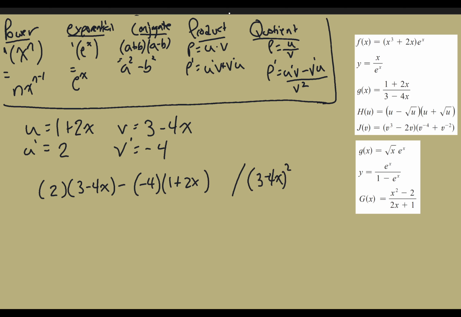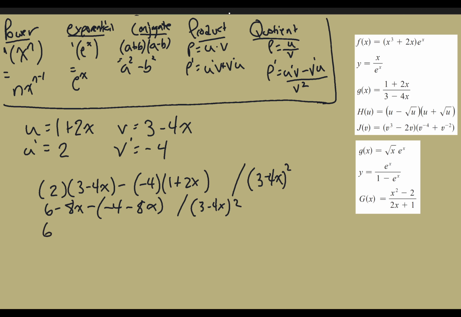So to start, let's expand. We get 6 minus 8x. And I'm going to be careful about how I do this. So I'm going to write minus negative 4 minus 8x, just to make sure I don't miss my pluses transferring out there, and then over 3 minus 4x squared.